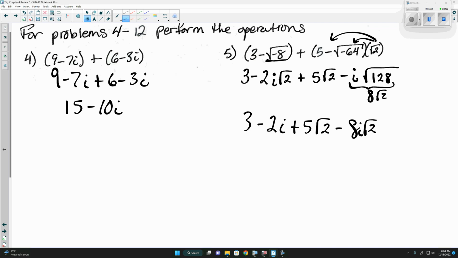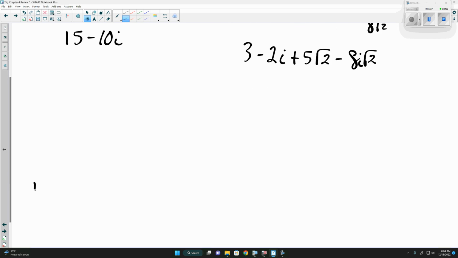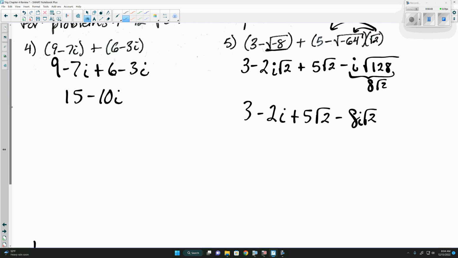Now we can combine like terms. Make sure, oh yeah, I missed the square root of 2 minus 2i square root of 2.